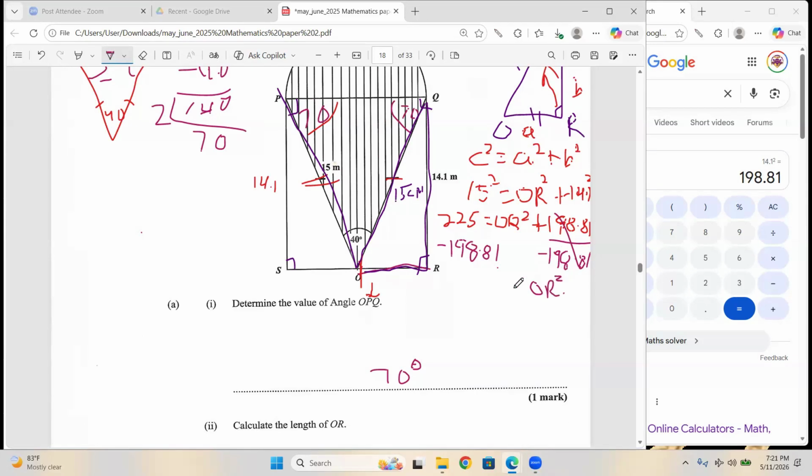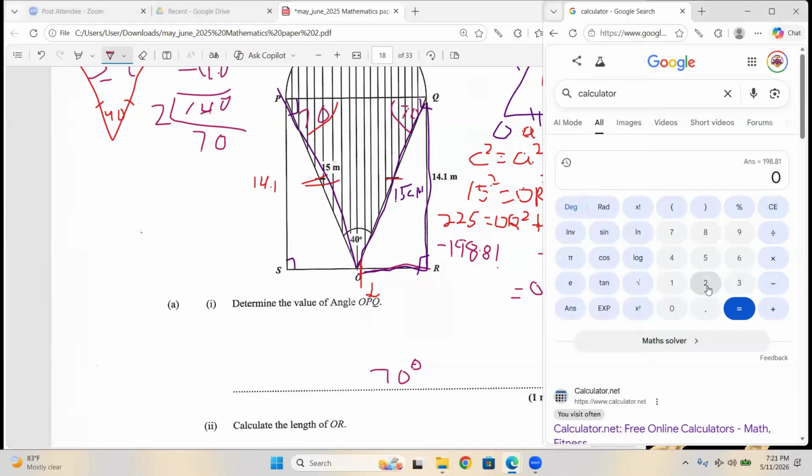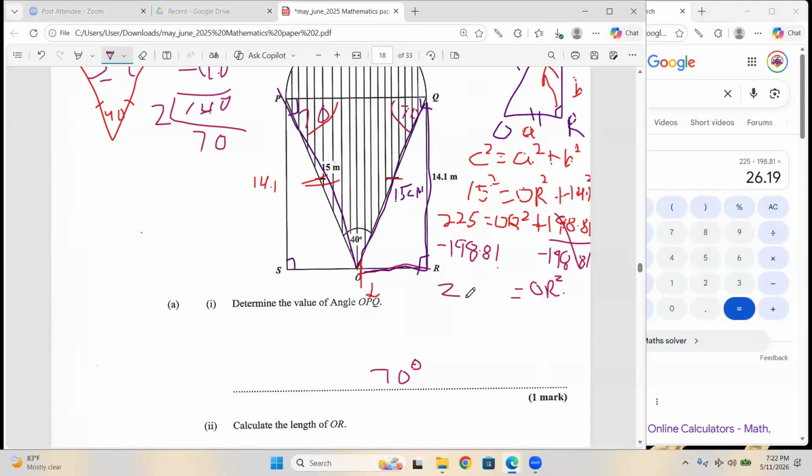And when we take away that, 225 take away 198.81, I got 26.19.